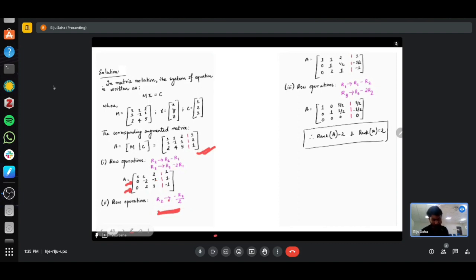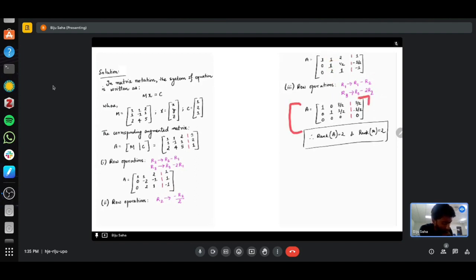We multiplied it by minus half, and that made it 1. After that, our next task is to make all other entries in the column 0, so these two to be 0. That is how we achieved it, and ultimately we are reduced down to this form.